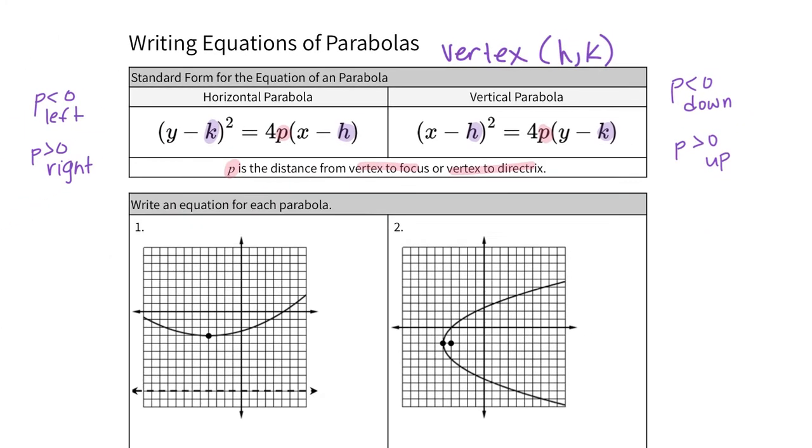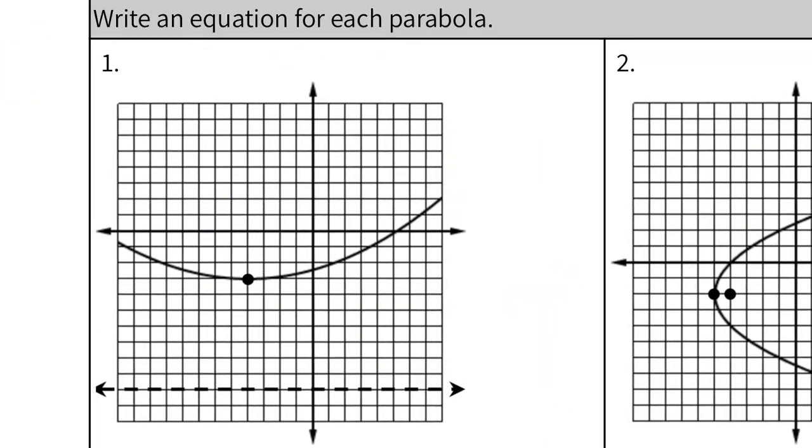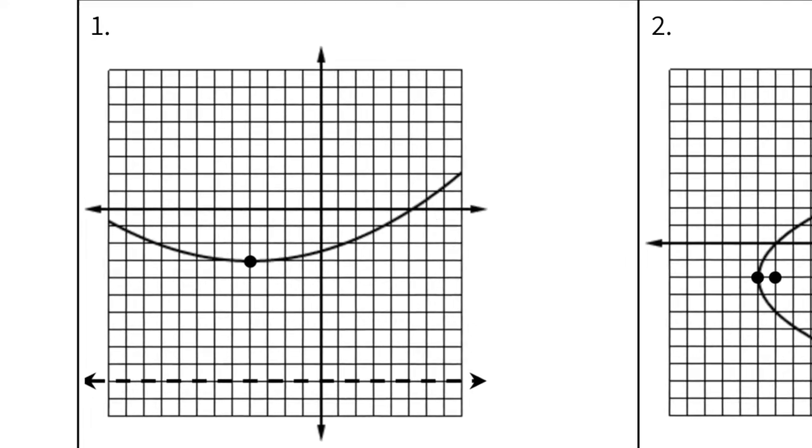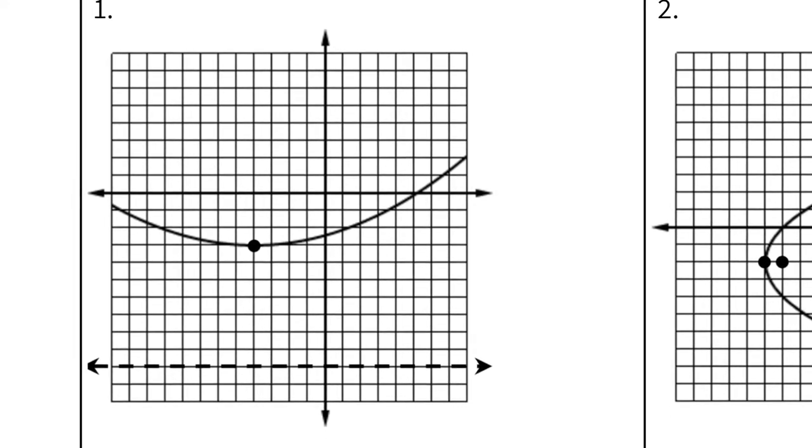Okay, so keeping all of this in mind, let's start looking at what we have here. So our first one is this graph here. Now I want to write an equation for this graph. It's a little bit easier to see when we have some color, so I'm going to put some blue on it.